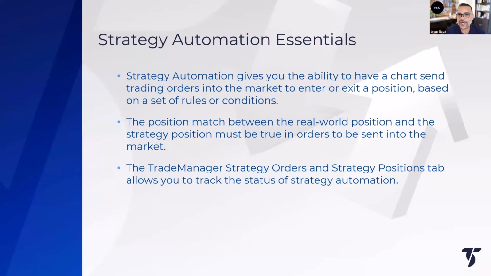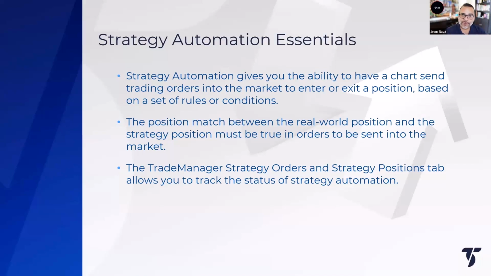If you've been trading with TradeStation some time, you probably look at the Orders tab and the Positions tab, and maybe the Balances tab to see your account balances. Those are some of the tabs that you're going to use the most. But there are two additional tabs named Strategy Orders and Strategy Positions that will keep track of your strategy and tell you what the status of the strategy is.